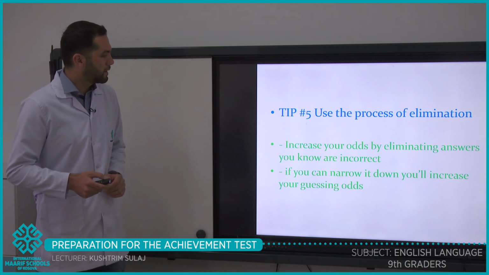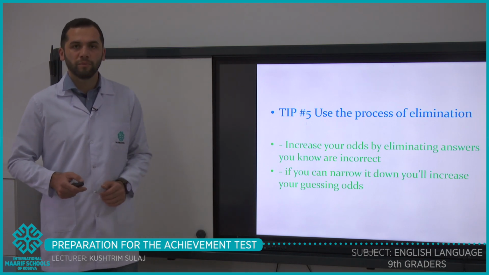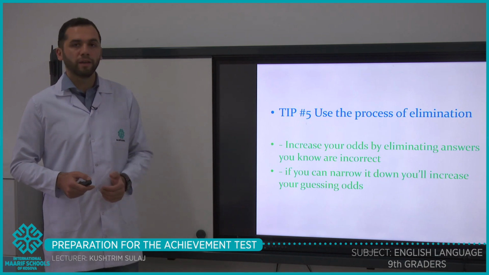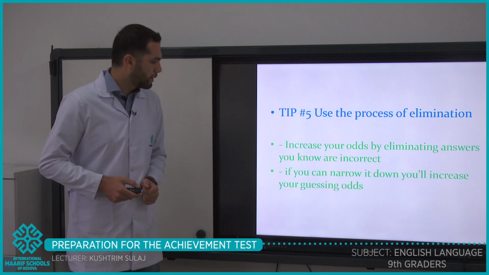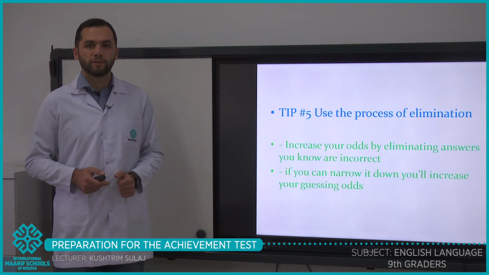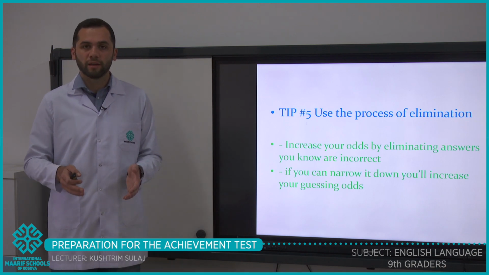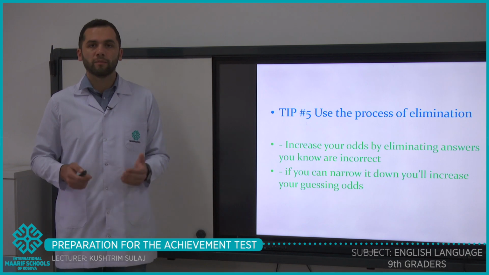So you also increase your odds, meaning your chances, by eliminating answers you know are incorrect. If you can narrow it down, you'll increase your guessing odds. So, again, eliminating is a good thing because you increase your chances to be more sure.